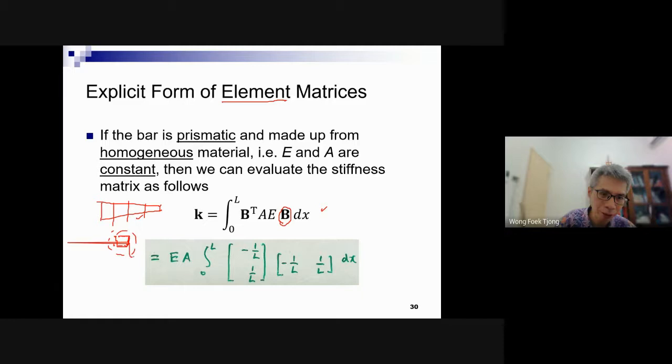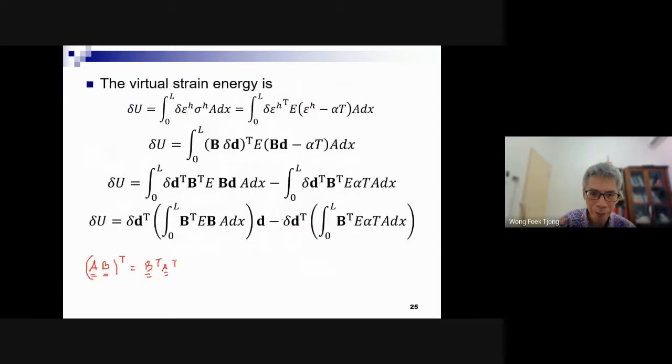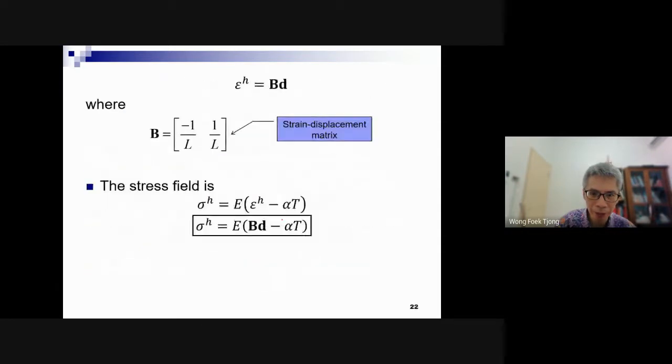It means the cross-sectional area is constant, and made from homogeneous material, it means the modulus of elasticity is constant. So we can take it outside of the integral and write it here. But what is B? The B matrix we know already. Previously we defined the B matrix.